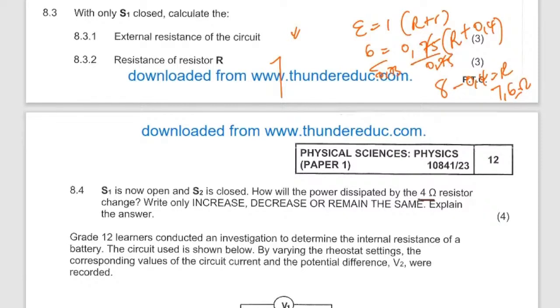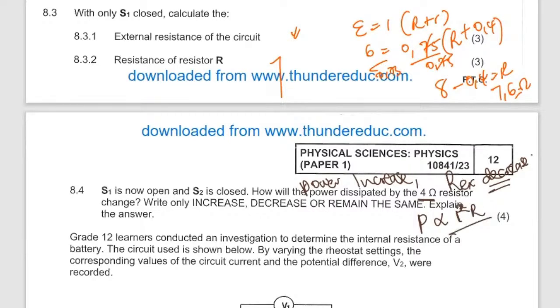One thing we have to say is that the current is going to increase, because the external resistance has decreased. So the power increases because the external resistance has decreased. You can also use the formula of power being directly proportional to I squared R.